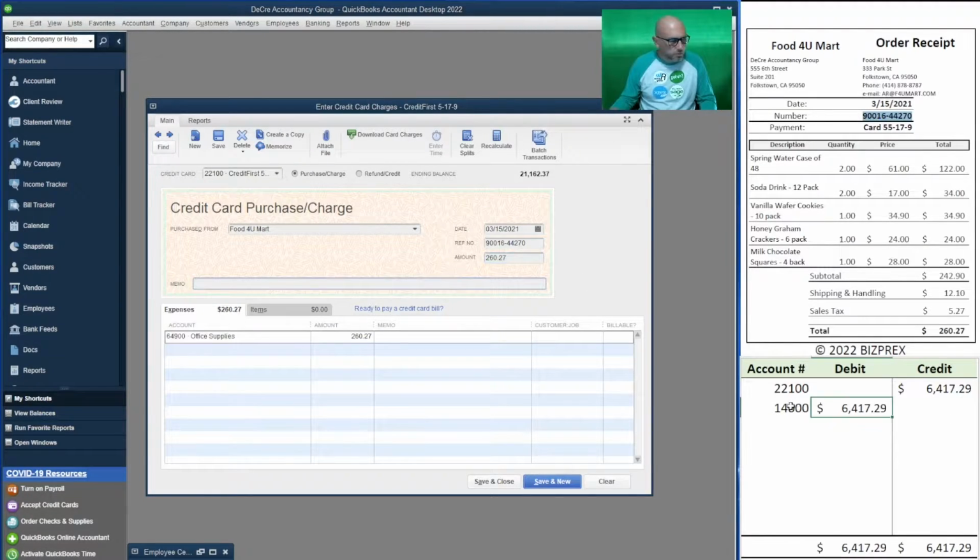Okay, office supplies is 64900. All right, there it is. Save new. Again, this is a debit to 64900. This is a credit to 22100.